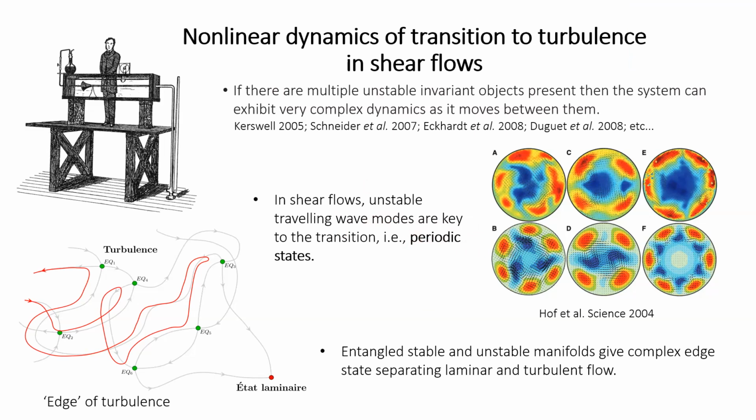The idea is that the manifolds of these periodic states, if they are unstable, will have, in a large dimensional phase space, many stable directions and a few unstable directions, and you can entangle all of these stable and unstable manifolds and get a complex edge state that then separates laminar and turbulent flow. That's called the edge of turbulence.